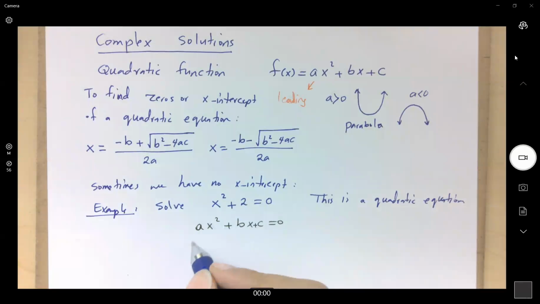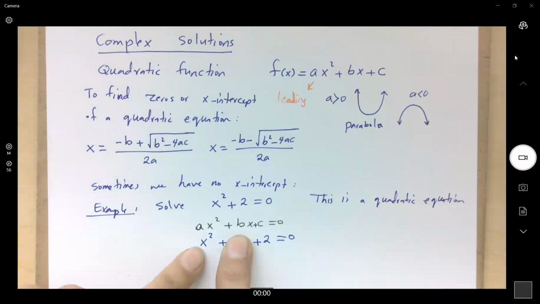What's the meaning of that? It means that it is x squared plus 0x plus 2 equals 0. Whenever you don't see any variable, it means that the coefficient was equal to 0. 0 times x just vanishes.